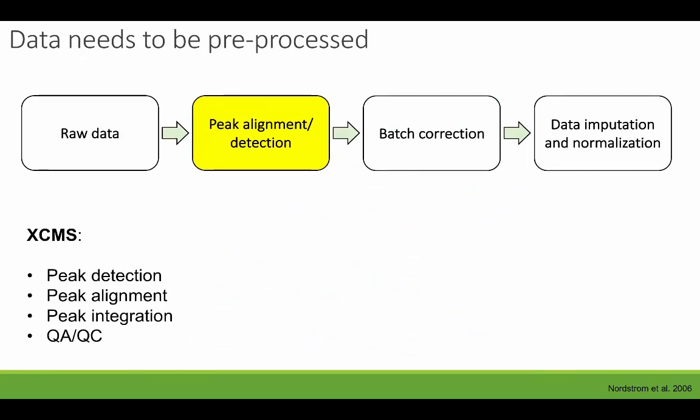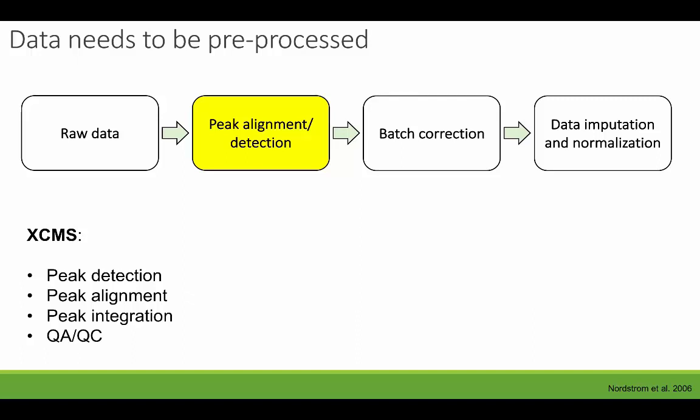After the data is generated, the data goes through a series of pre-processing steps before it arrives in your hands. As the person analyzing the data, it's really important to understand what exactly the lab did in these pre-processing steps before the data got into your hands. Very simplistically, the first step is that the raw data first goes through what is called the alignment and detection step.